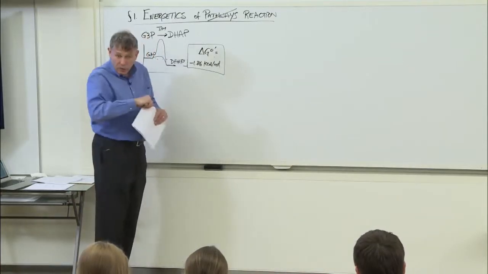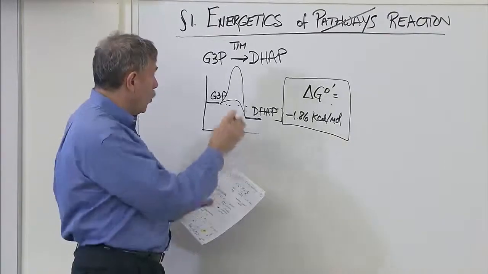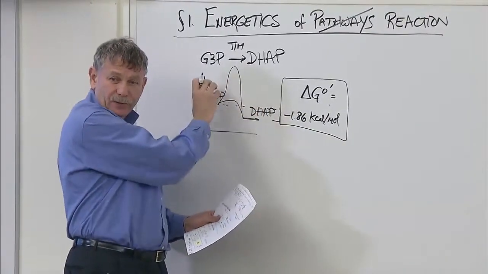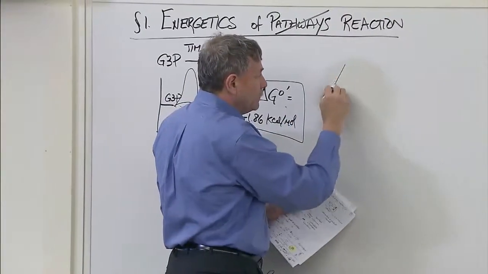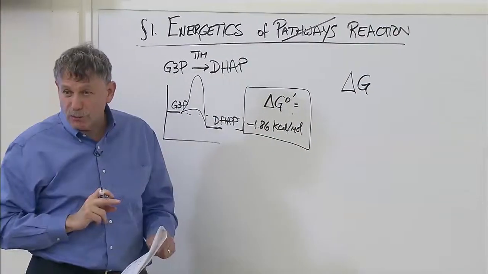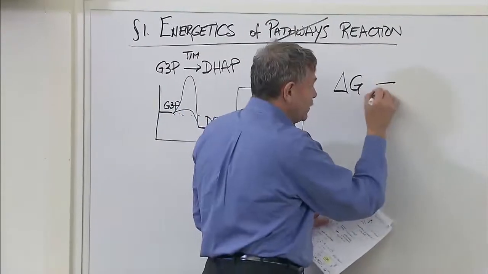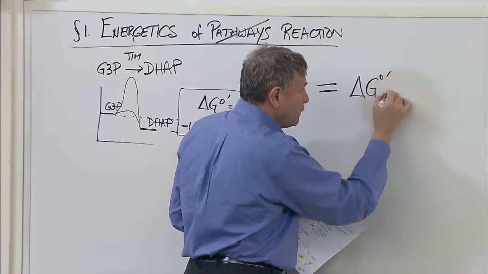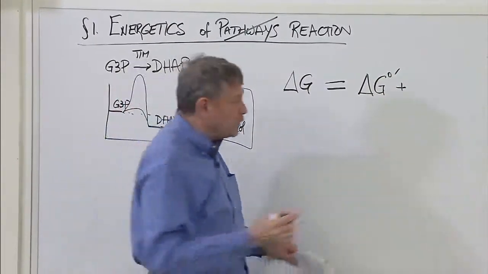Well, the way you know which way a reaction is going to run, whether all this will get converted to all that, or this will get converted, 5% back to that, depends on this number, delta G, which is not delta G0 prime, because it doesn't have a 0 prime on it. Yeah, good, you got that. What it is is delta G0 prime plus a term that has to do with entropy, with relative concentrations.